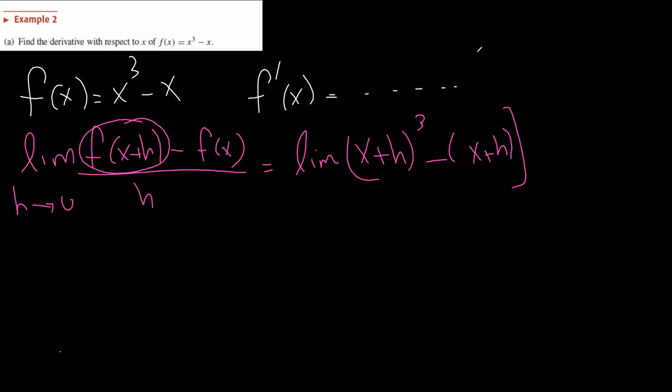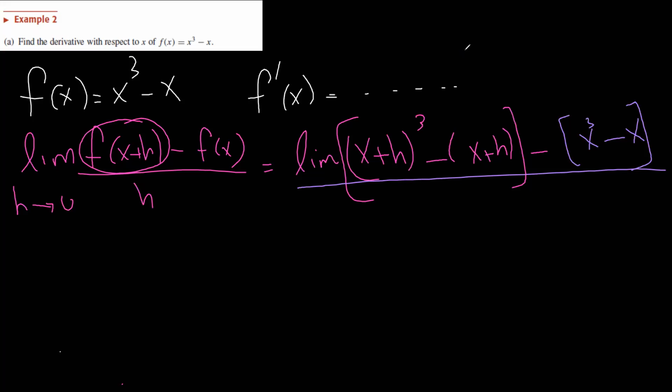Now minus the second one, which is x cubed minus x, over h. Now, after that, x plus h cubed. What does it mean? That means x plus h multiplied by x plus h multiplied by x plus h.